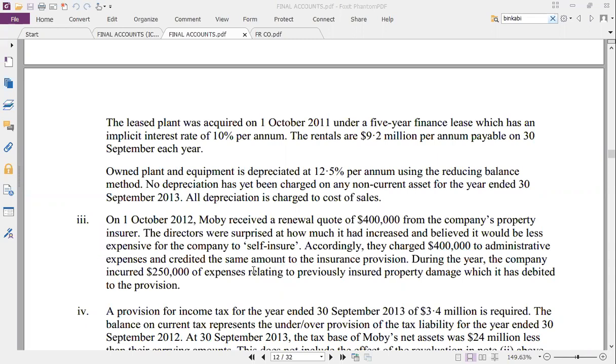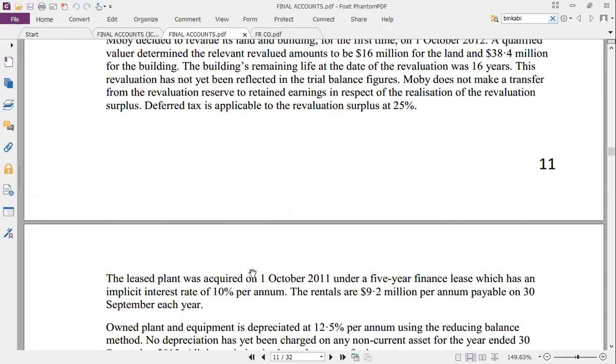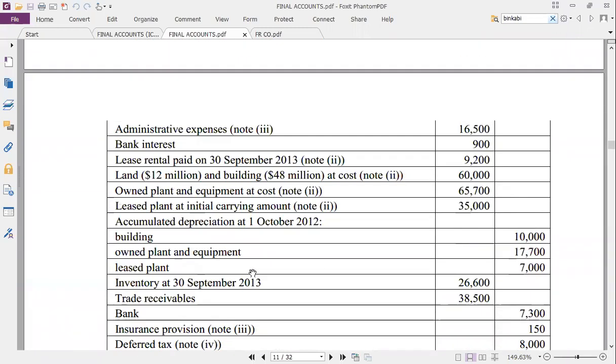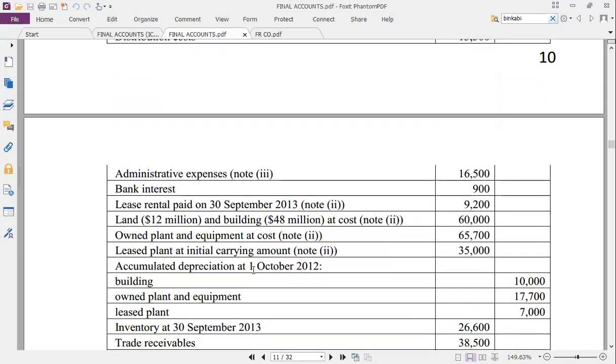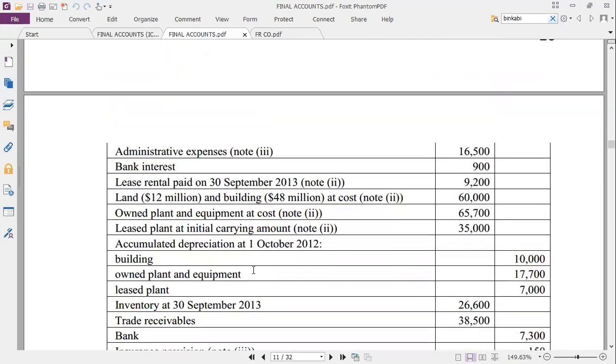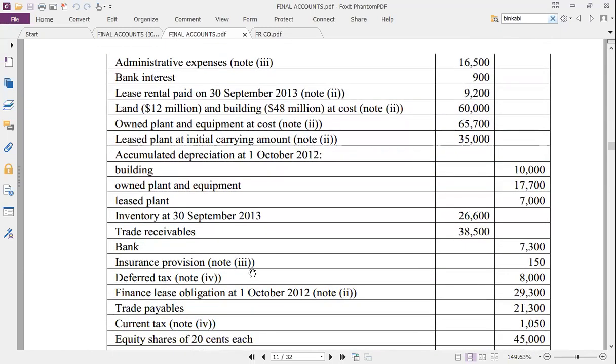Let's go to the financial position. You have to see 150,000 on the trial balance, talking about the insurance provision. That is 150,000, which is after they have taken off the 250,000.